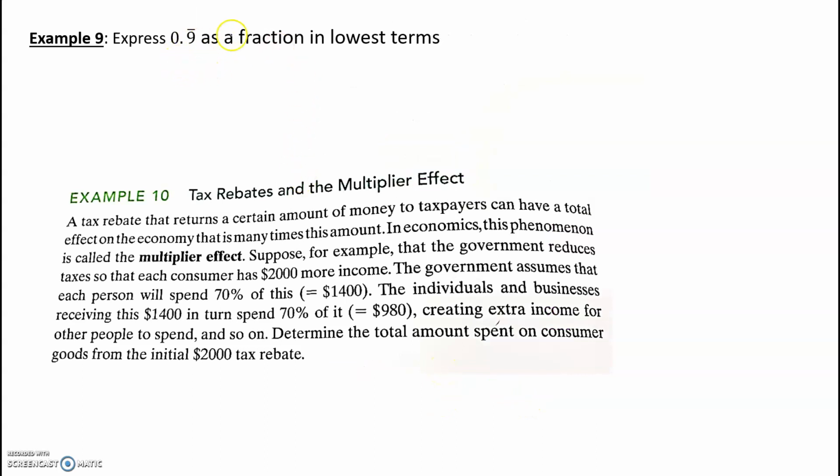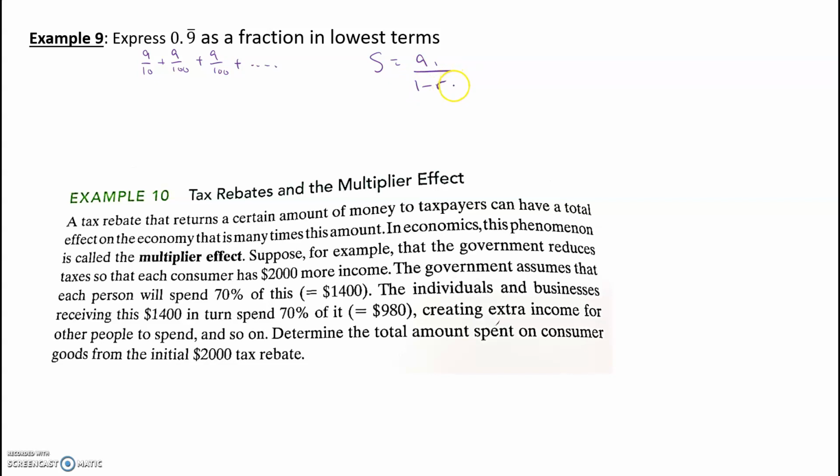Last two. So 9 repeating as a decimal is actually 9 over 10 plus 9 over 100 plus 9 over 1,000. So this actually is an infinite sequence. So we can actually use that formula. The sum is a sub 1 over 1 minus r. All right.